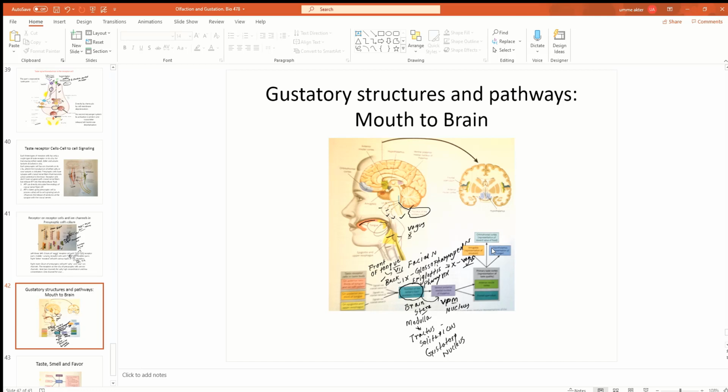And then from there the signal will go to the anteroinsular cortex and frontal operculum. These two structures are considered the primary gustatory cortex.